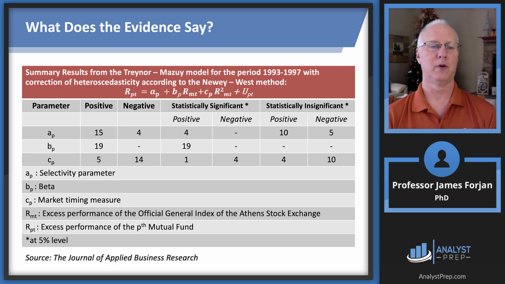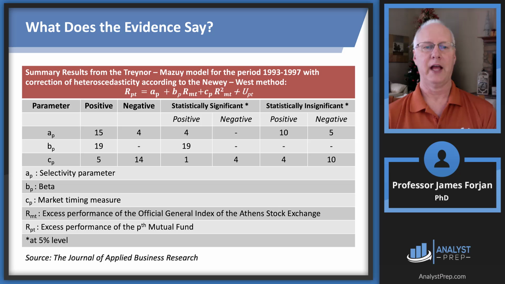All right, so there are the parameters, the coefficients, down on the left-hand column: A, B, C. Let's skip to the middle one. Notice that the coefficient B is positive and statistically significant for all 19 mutual fund managers. Of course, we wouldn't be surprised at that. We'd be surprised if it were anything different, right?